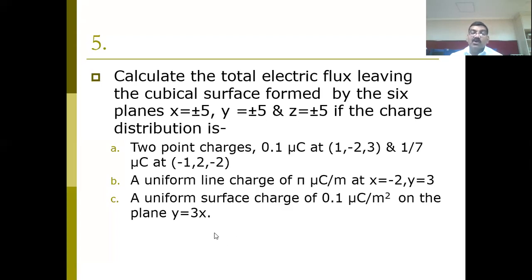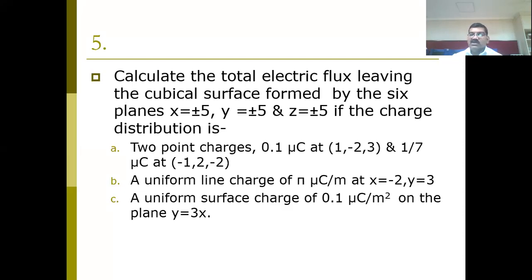You locate this plane y equals 3x in the cube, find the area inside this cube, and multiply it by 0.1 microcoulomb. That's it, you will get the answer.